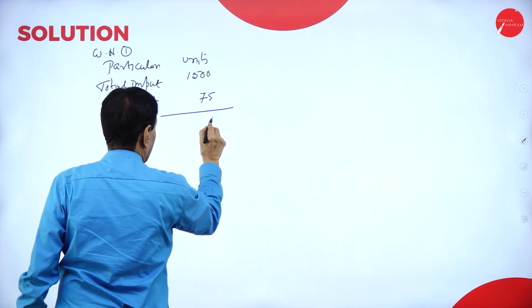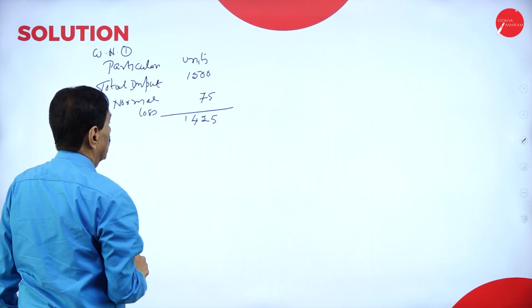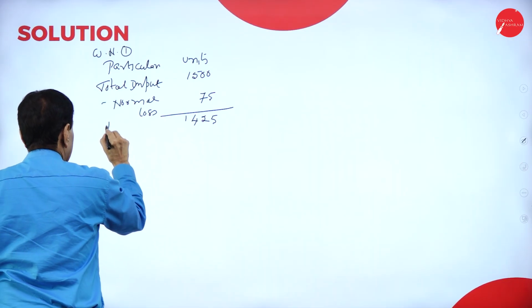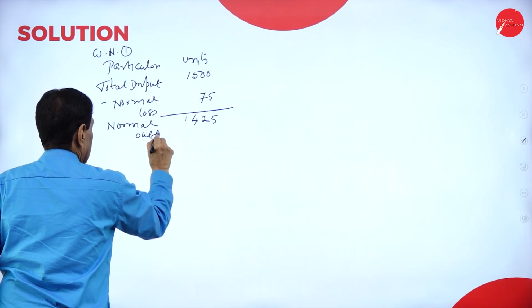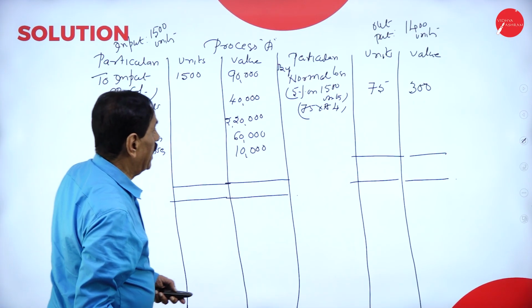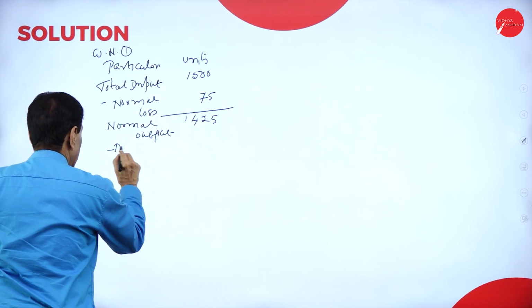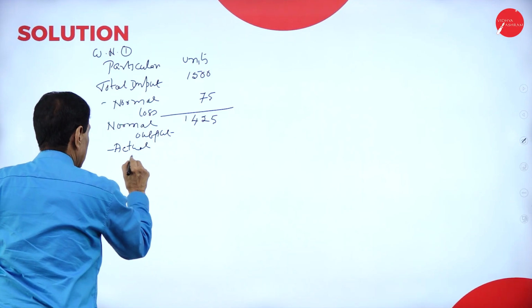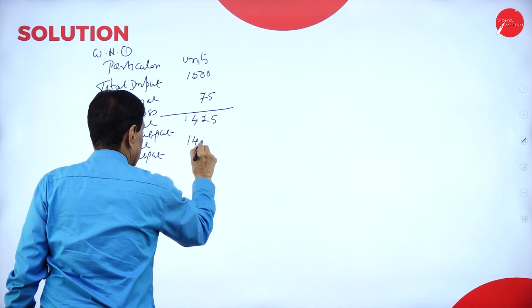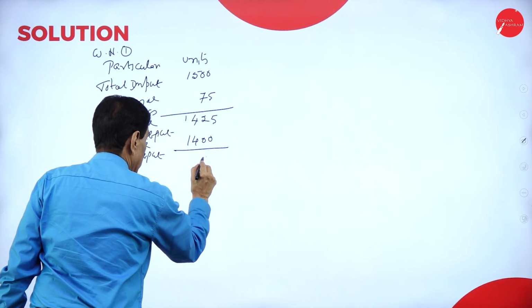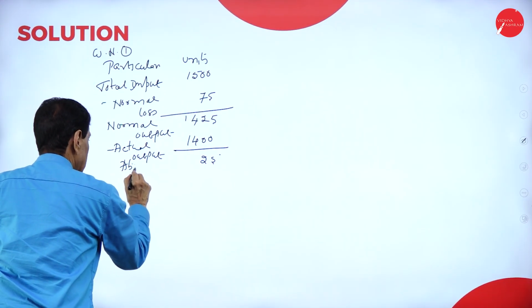Deduct. Normal output, this is your standard output. What is your actual output? 1400, minus actual output 1400. There is a shortage of 25, which is called abnormal loss.